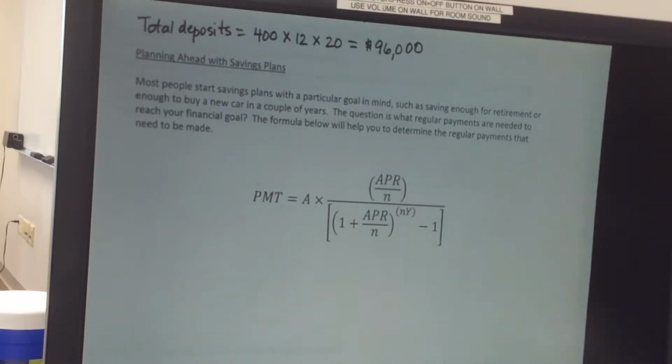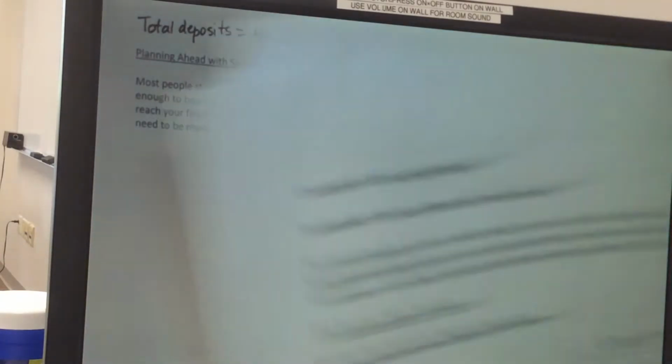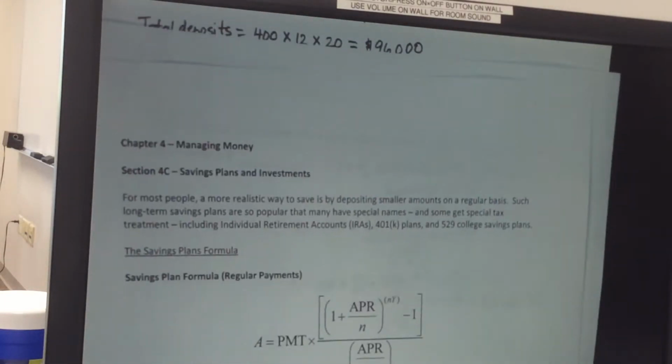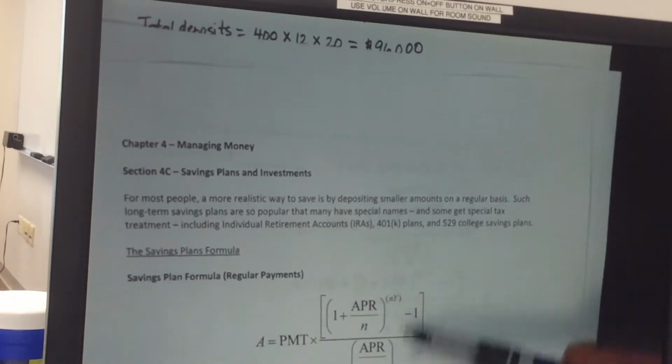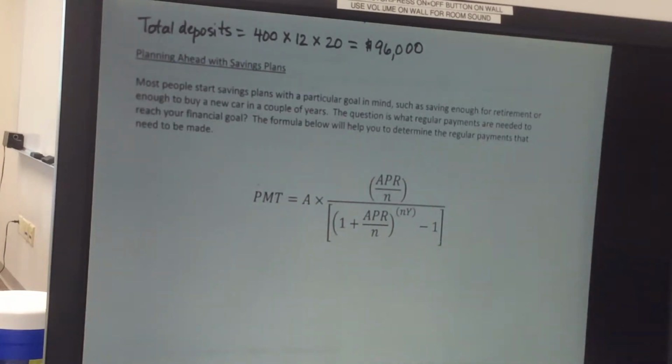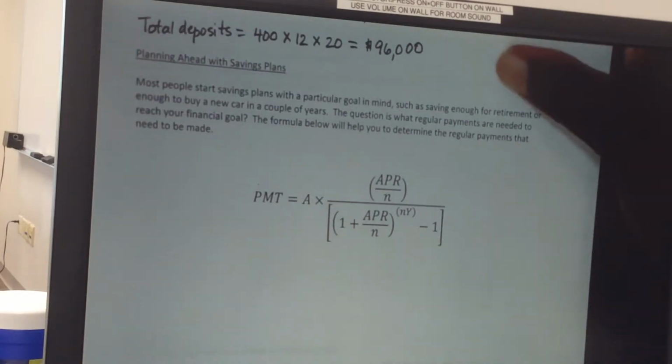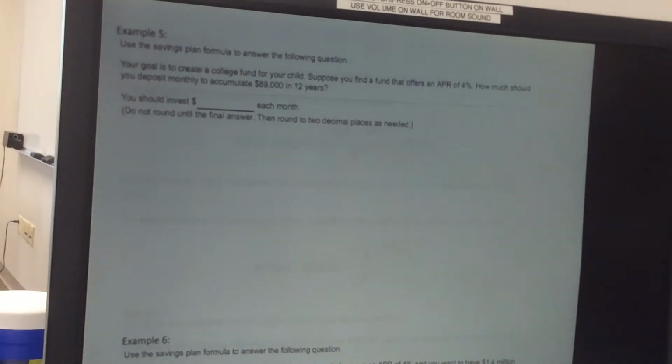Or in other words, they took the original formula here and multiplied both sides by the reciprocal of this right here to get PMT by itself. Okay? So now we're going to use that formula to find out this.